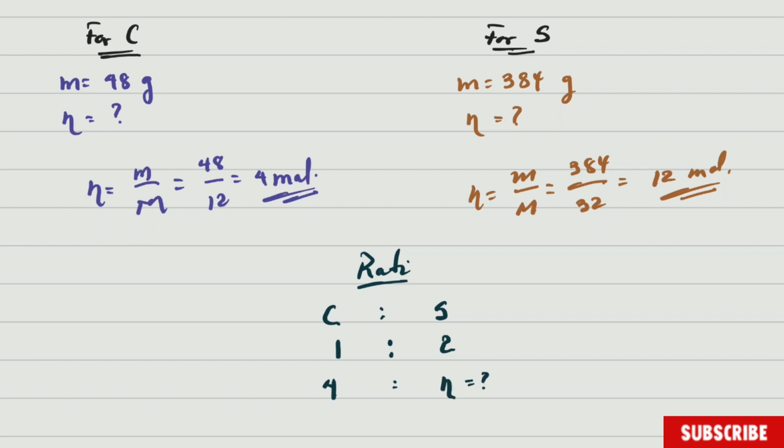And I'm going to do a very easy cross product here. When I do that, I get that the number of moles is equal to the product of 4 times 2, which is 8 mole. So what does that 8 mole mean? That if we have 4 of carbon, which is the amount we are actually starting with, we need 8. However, we don't have 8, we have 12.